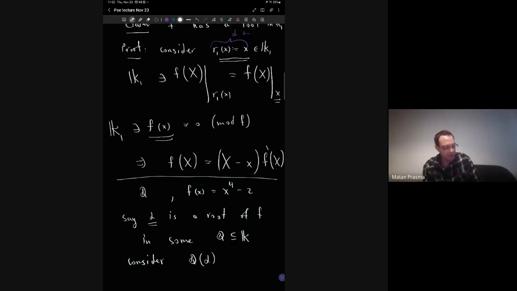But it turns out that to do Q of alpha, I mean to consider the minimal field containing Q and containing alpha, is the same as doing K1.